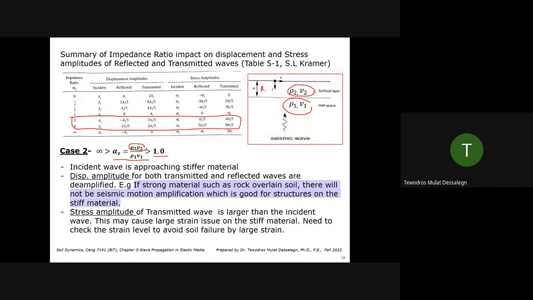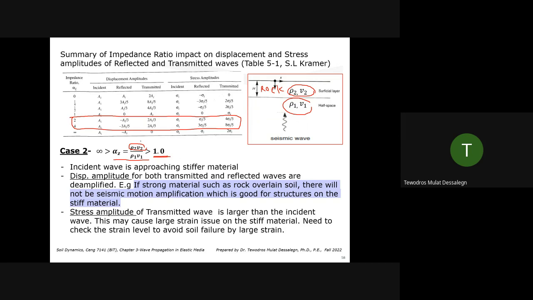In this case, you have rock at the top, underlain by a softer material. Let's say it can be soil or something softer than rock. So the top layer is now very dense or very stiff. The impedance ratio is greater than 1. What does that mean?